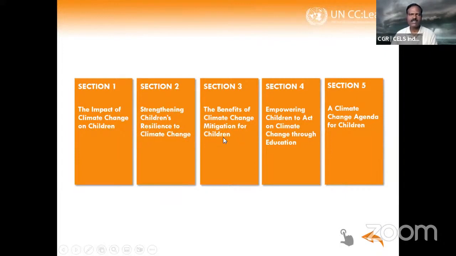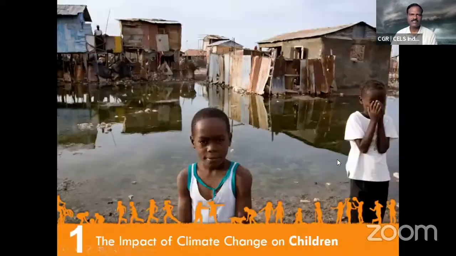That is basically reducing greenhouse gases as well as adopting certain technologies. Then empowering children to act on climate change through education. This is for preparedness for children as future citizens, what decisions they can make and what role they can play. And a climate change agenda for children, that is also required, especially for children.